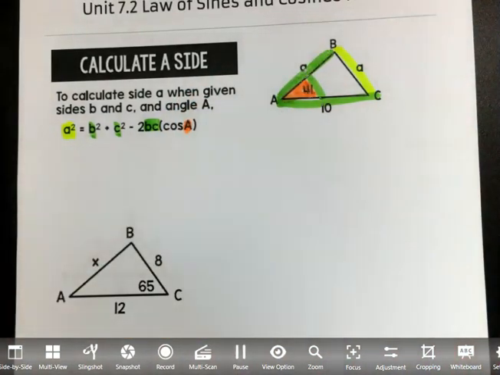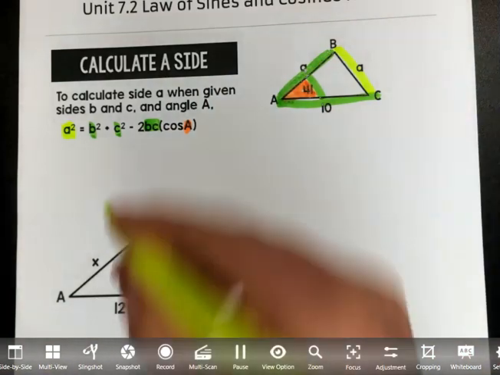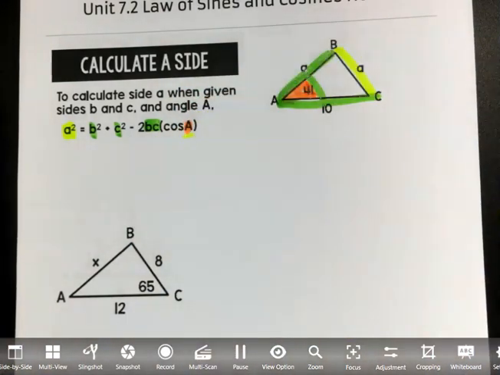That included angle is always opposite your yellow side, okay? All right, so that's how you use law of cosines, okay?